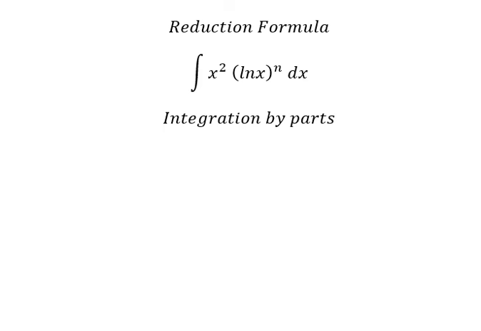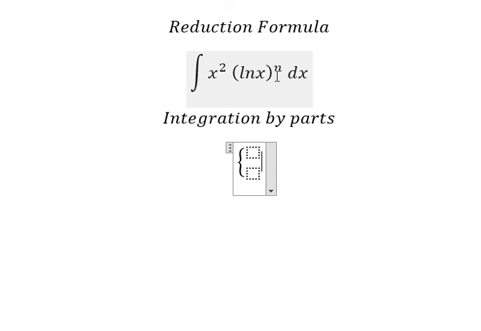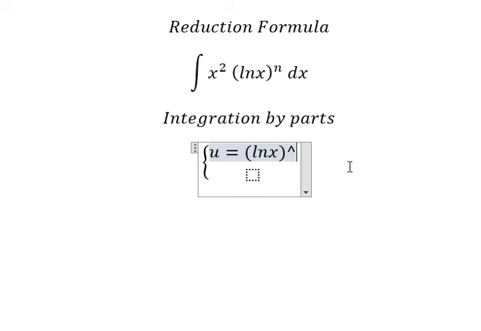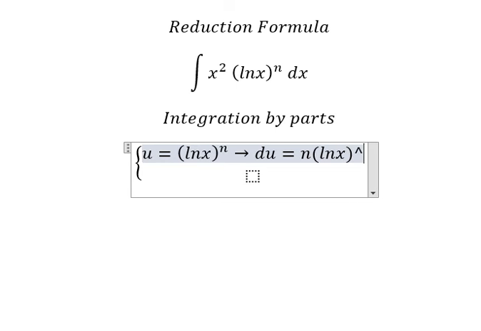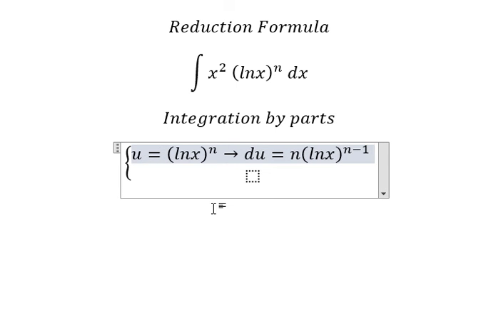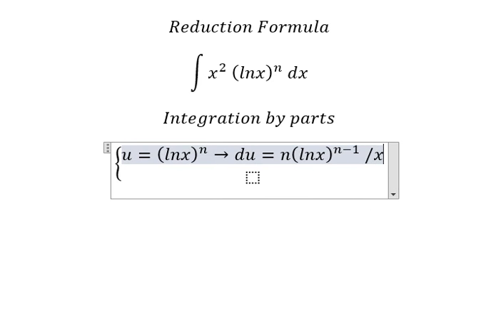So I will put u equals ln s to the power of n. Now, if we take the first derivative of both sides, we have this. This is the power rule of derivative, and here you get 1 over s.